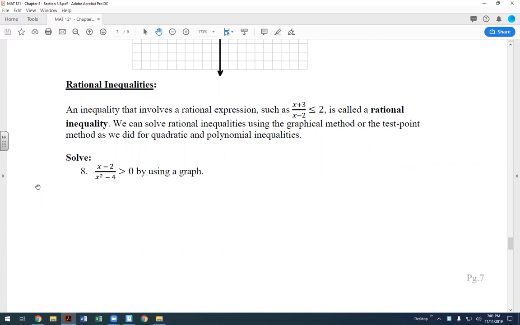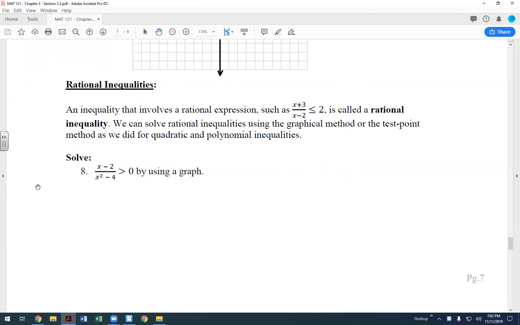So this one is saying, as long as you have a numerator and denominator with polynomials on top and bottom, we call it a rational inequality, and we'll be solving it again with both the graphing and test point methods. So this number 8 is actually very similar to what we just did with number 7, where this is not given to us in the simplified form.